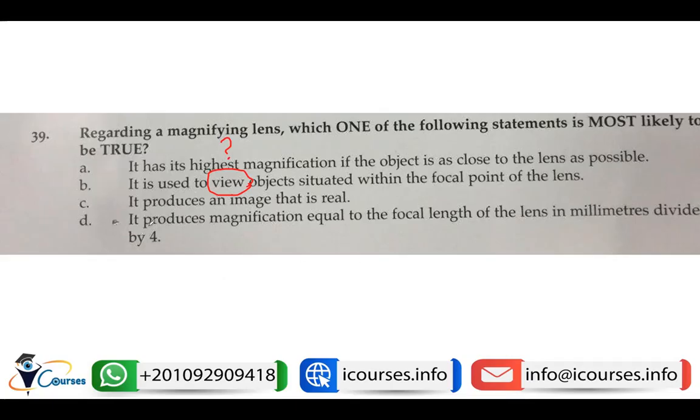Yes, who said that the fourth answer will be correct? It says it produced magnification equal to the focal length, and length is in millimeters, but the focal length is in meters. So D is not correct. Can you think of another answer?